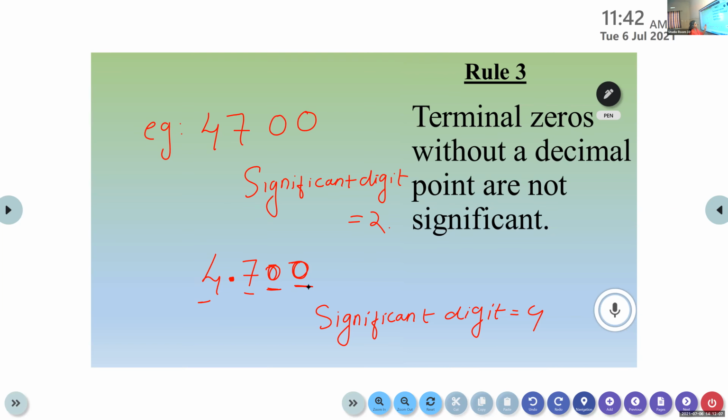So the terminal zeros after the decimal point are significant. The terminal zeros without a decimal point are non-significant. That is why here we are not considering these two zeros in 4700. So here the significant digit count is 2. Here the significant digit count is 4.